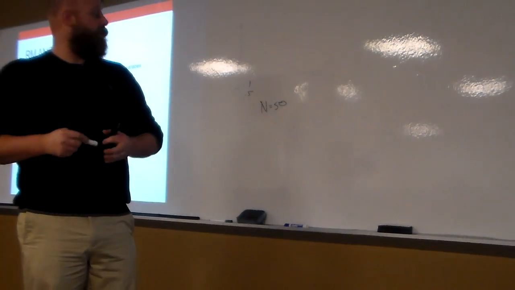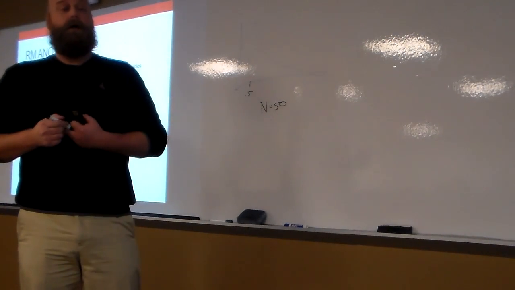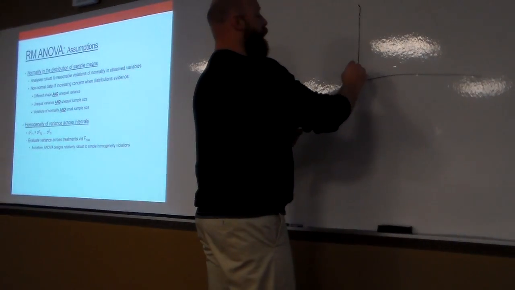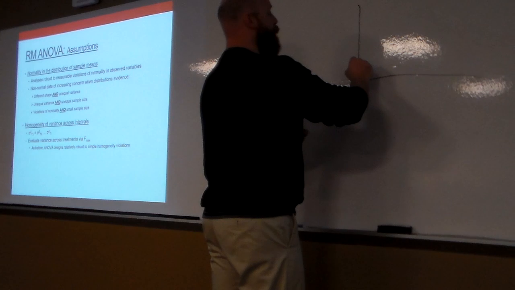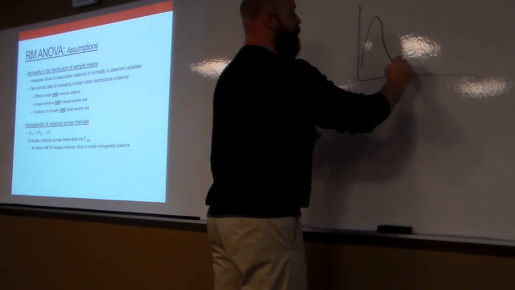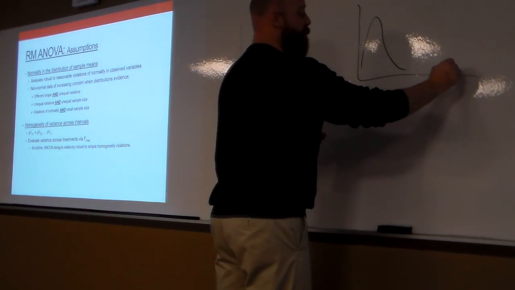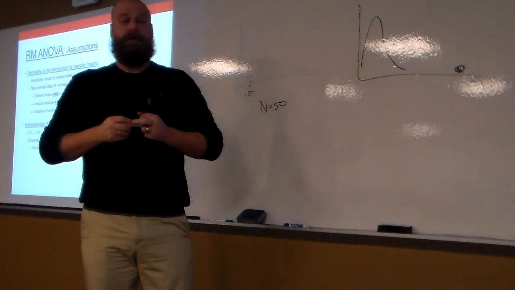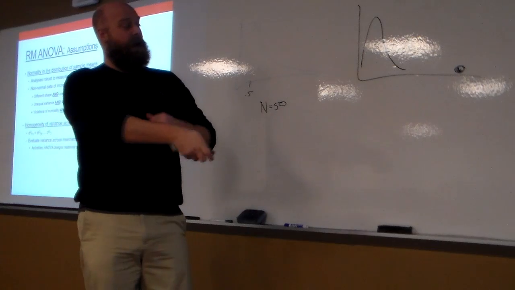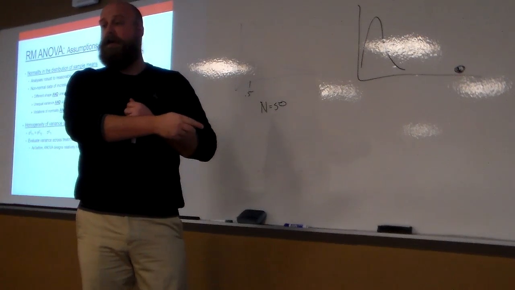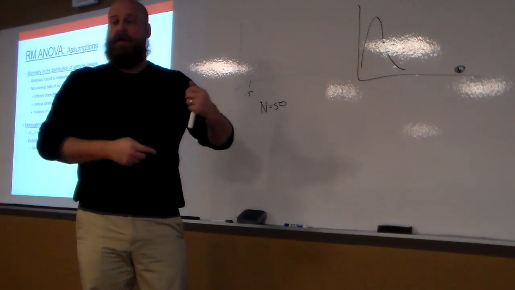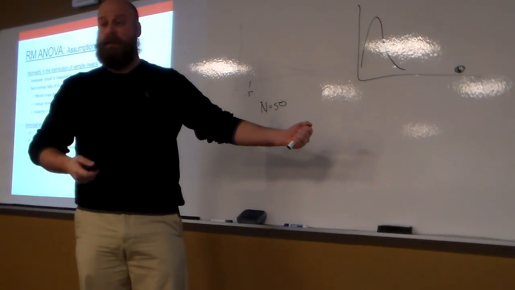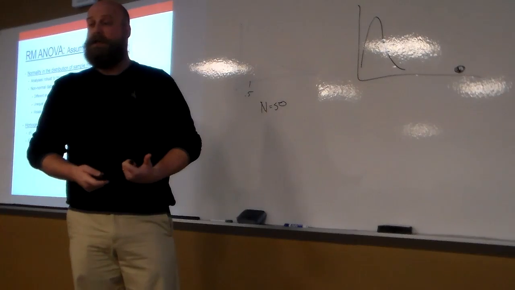If I'm looking at binging behavior, and here's my sample of scores, and then I've got some person way out here, that might be a score that's consistent. Someone could have that level of binge eating, so it's a valid score, and someone I probably want to keep in my measure because they're probably someone I'm really interested in.